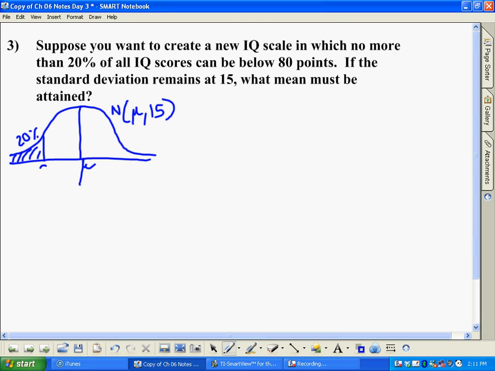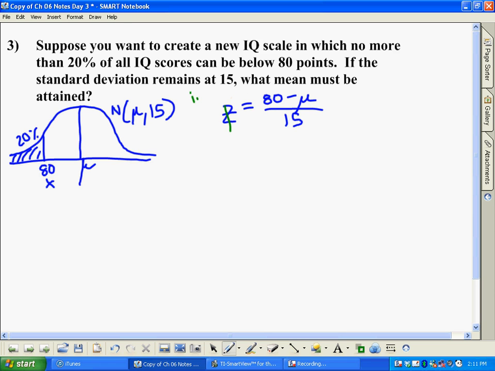is 80, and that's our x value over here. So when we do our actual equation, we do know x this time. We don't know mu, and we know our standard deviation is still 15. So to get this, we're going to have to do inverse norm.